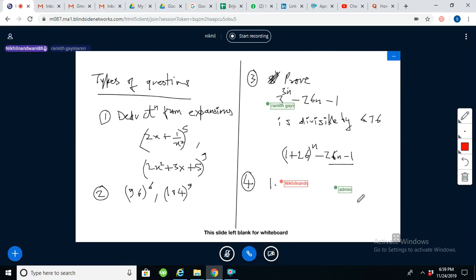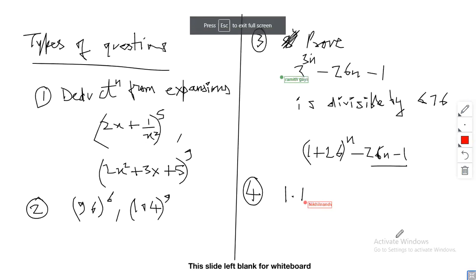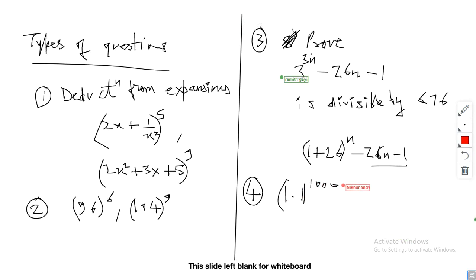Okay, the fourth type of question was: which is greater, 1.1 to the power of 10,000 or 1000? How will you do this? Any idea?